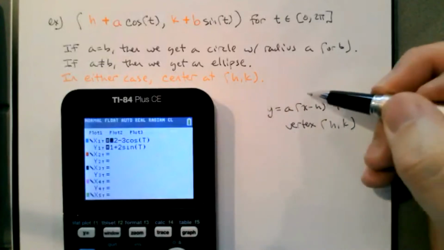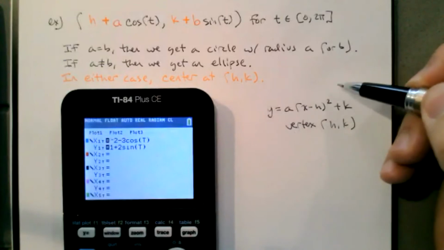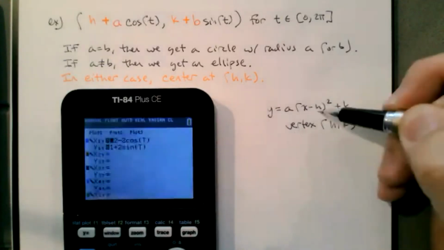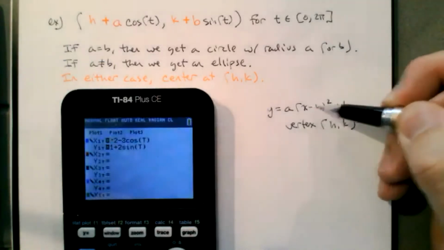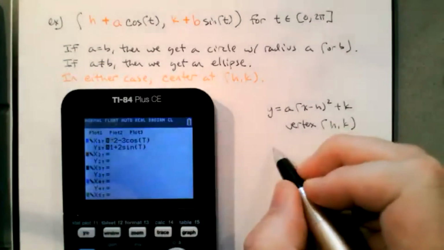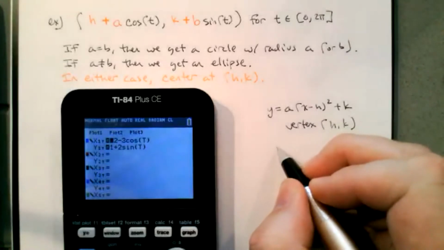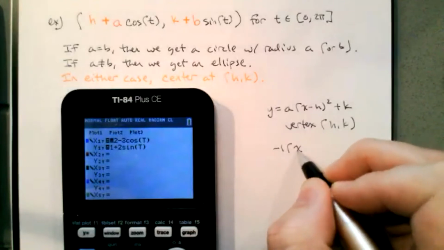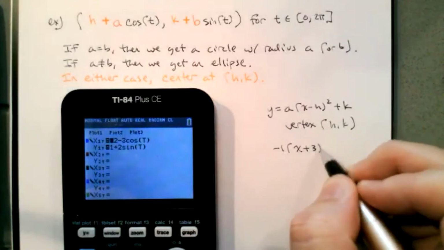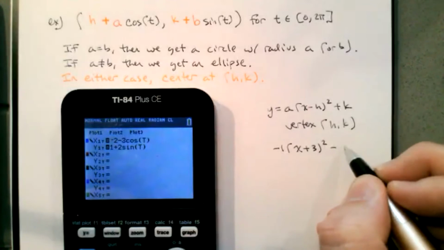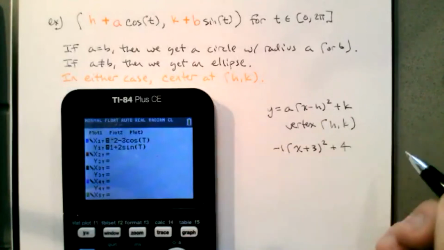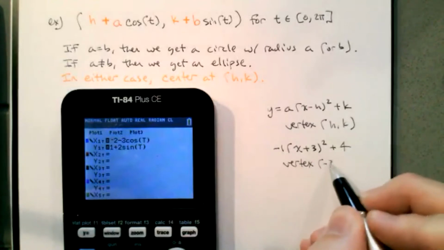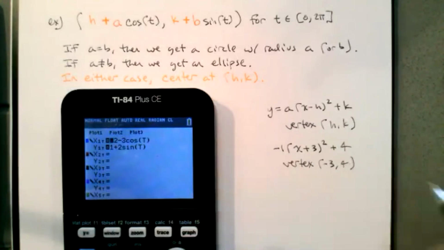So even though it would say x minus 3 squared, the vertex is at 3, right? Because the h is whatever we say after we say minus. So if I have, for example, -1 times x plus 3 squared plus 4, my vertex is at -3, positive 4.